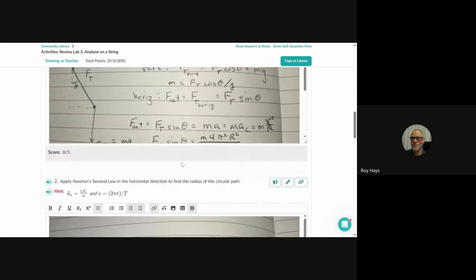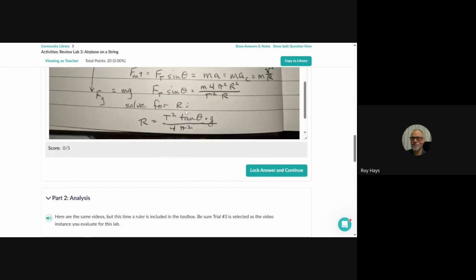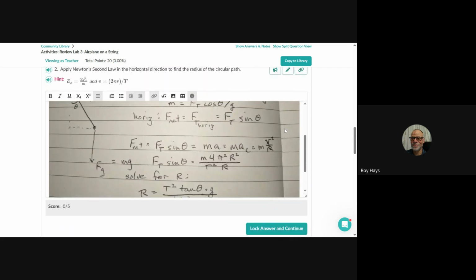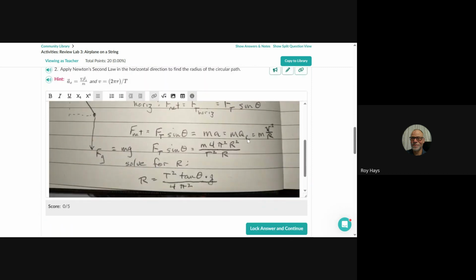That is centripetal acceleration. So the net force is equal to mass times the centripetal acceleration. This is harkening back to Unit 2 when we looked at circular motion. Centripetal acceleration is defined by the tangential velocity squared over r.